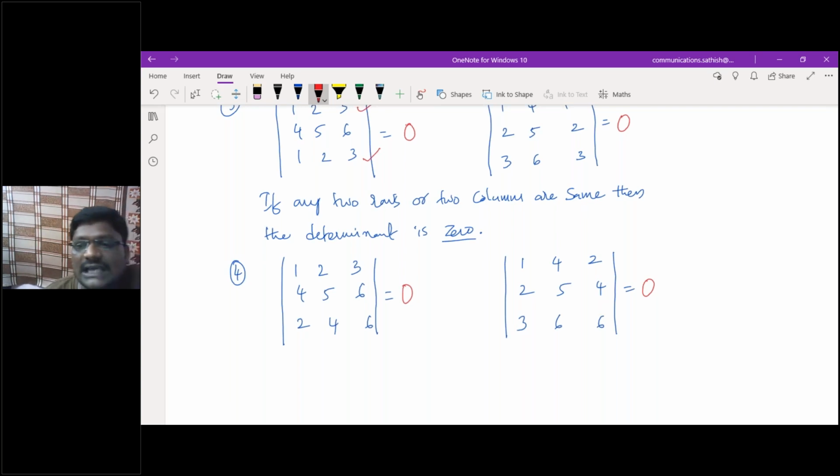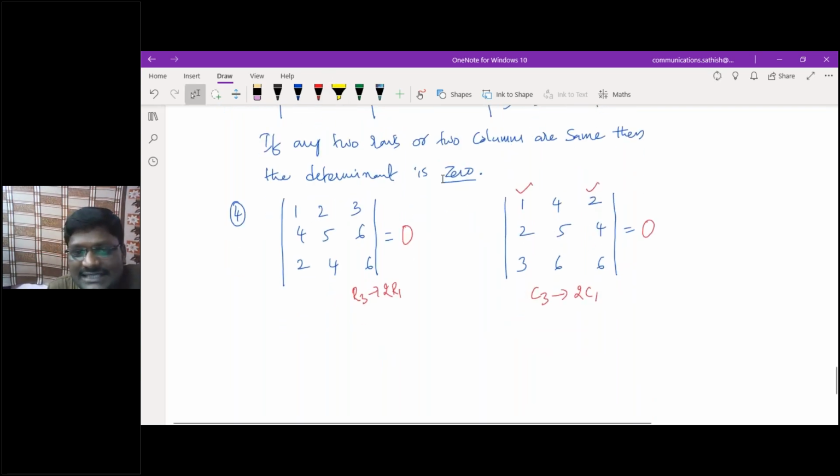If any two rows or two columns are proportional to each other. See here, this R3 is 2 times your R1, or not? Similarly, this column C3 is 2 times your C1, or not? Hence you can directly say that it is 0.